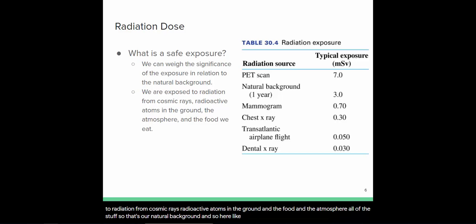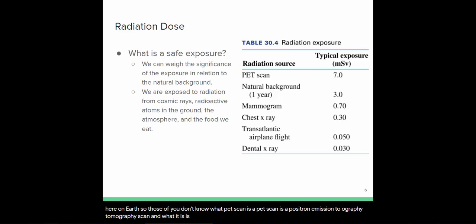And so here, a PET scan gives you 7 millisieverts. Natural background radiation gives you about 3 millisieverts. So a PET scan is almost 2 years of living here on Earth. For those of you who don't know what a PET scan is, it's a positron emission tomography scan.